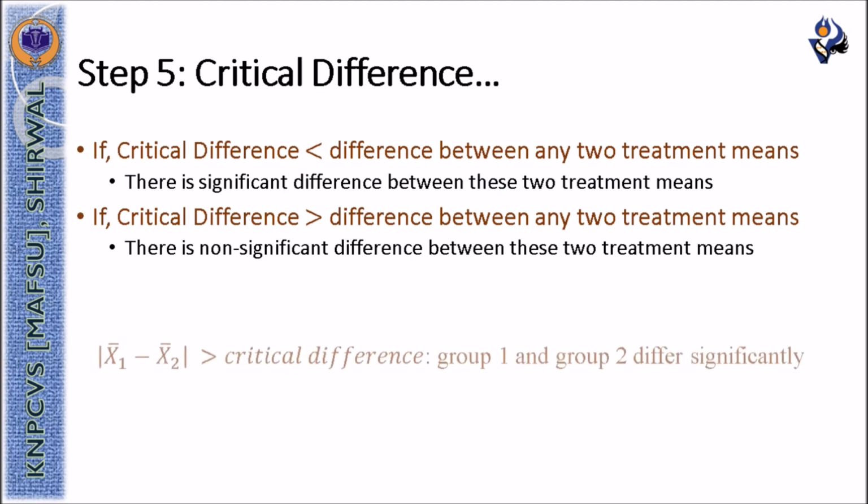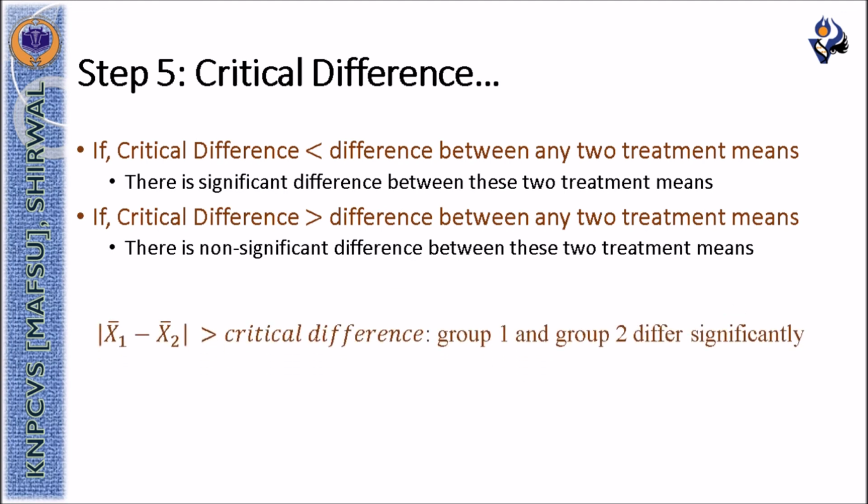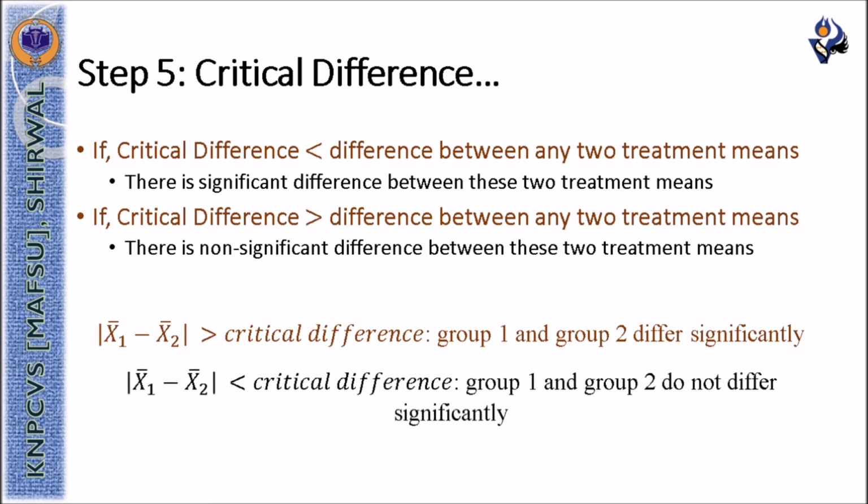And if the difference between any two treatment means is greater than the critical difference, then those two groups are said to differ significantly. Whereas if the mean difference between any two given means is less than the critical difference, the given groups do not differ significantly.